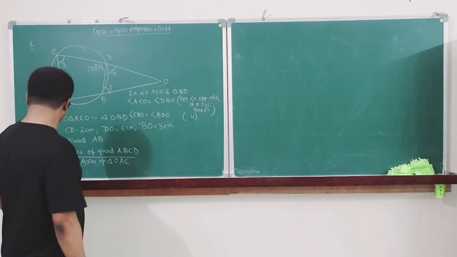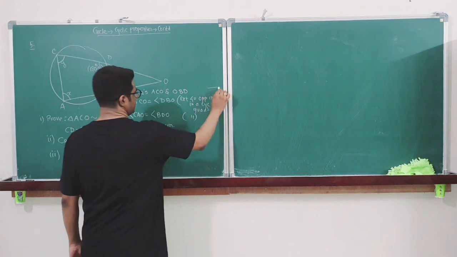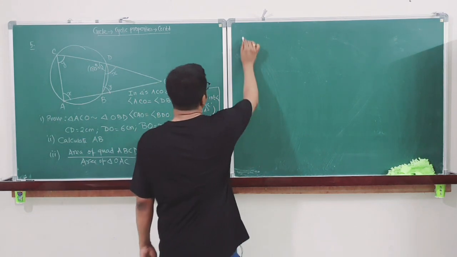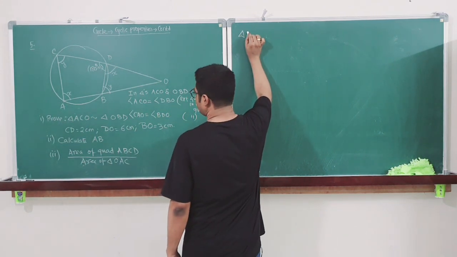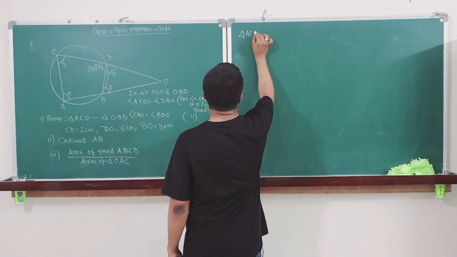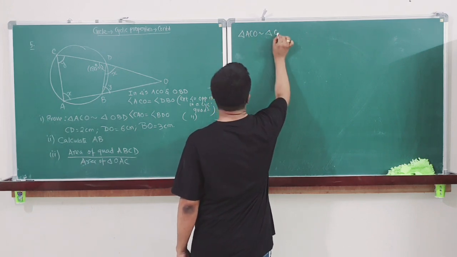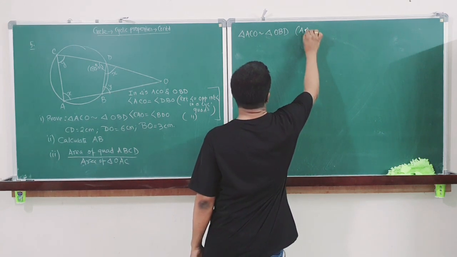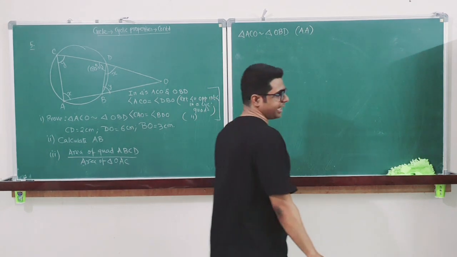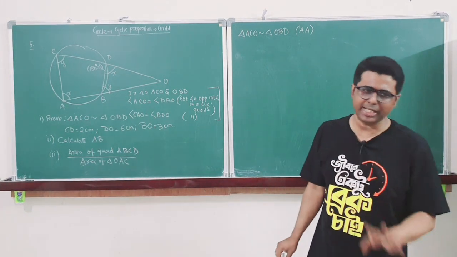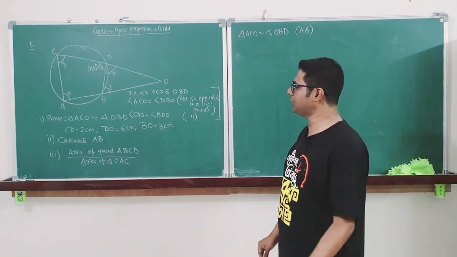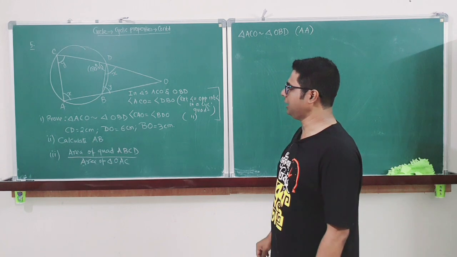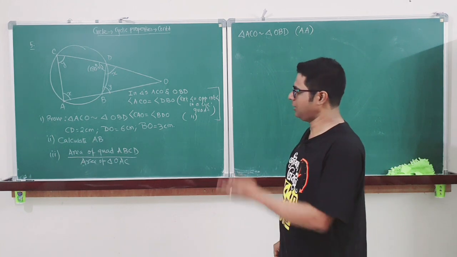So from these two parts I can say that triangle ACO is similar to triangle OBD by AA axiom of similarity. If two angles are equal, then all the angles of the corresponding triangles will be equal.